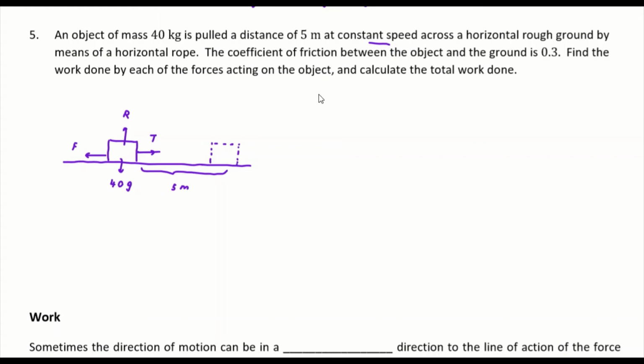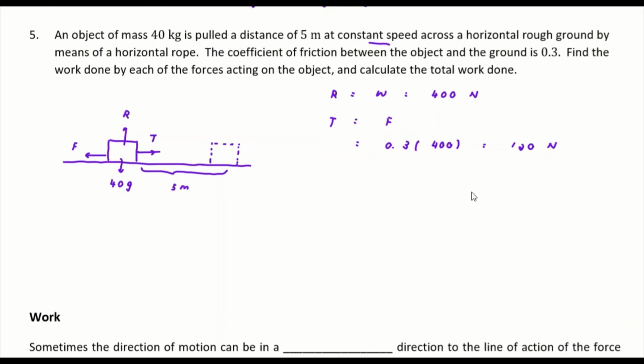In this case, there's no other force. There's no resolving involved yet. So the normal reaction is just equal to the weight, which is 40 g, which is 400 Newton. After we got this, we also know that the tension is equal to the friction, right? So the friction is mu R, 0.3 multiply R, which is 400. And that gives us 120 Newton.